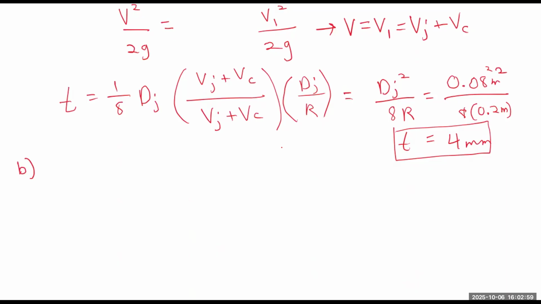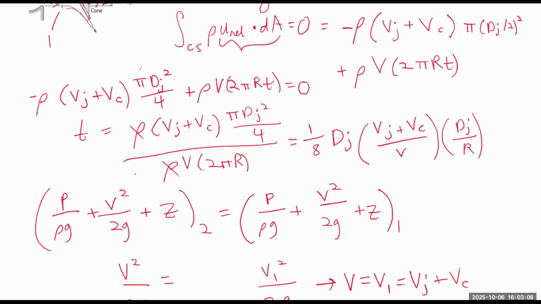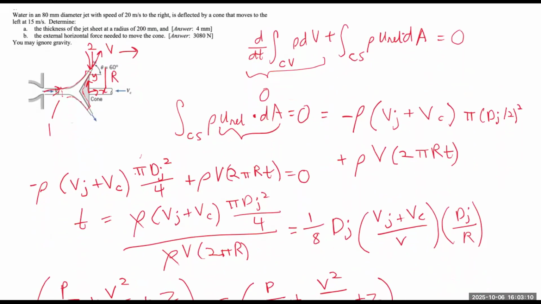Yes, so we're going to apply conservation of linear momentum only in the x direction, because momentum in the x direction is conserved, as you can see here, and so is momentum in the y direction, but the momentum in the y direction just cancels out.